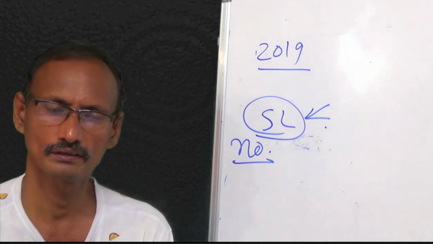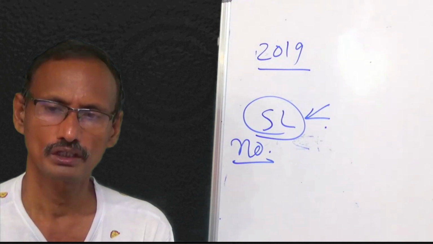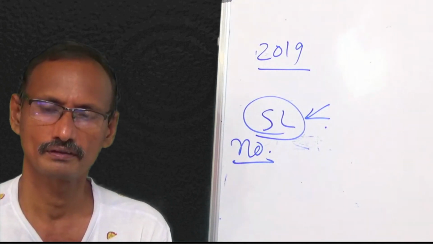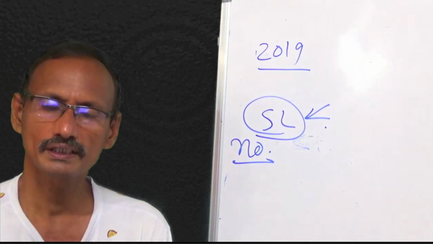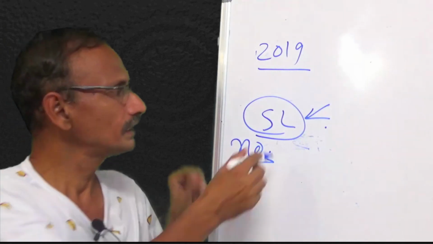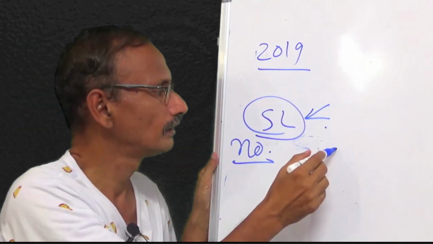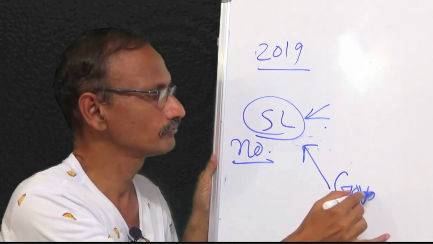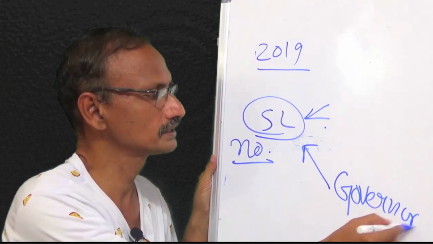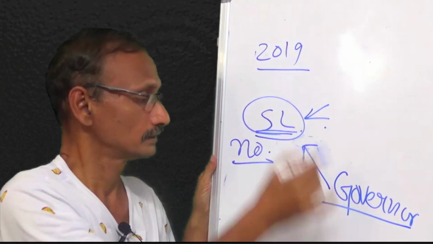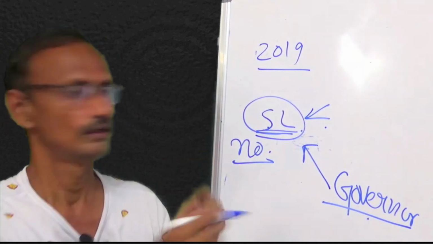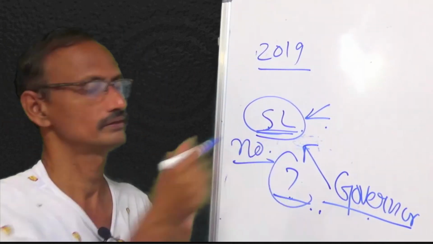Because Jammu and Kashmir was under President's rule. So here they said, when the state legislature is not there, then the recommendation of the governor can be taken as the recommendation of the state legislature. How is this possible at all? It's just meaningless.